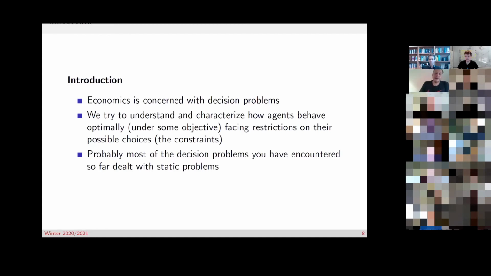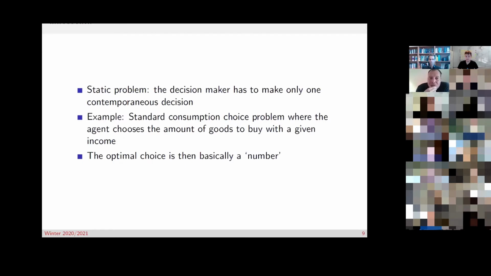Okay, and usually what you've done so far, I would say in maybe 80% of all the decision problems that you encountered so far, is you thought about problems that are static in nature. So the basic idea was that you have a decision maker, a household, a firm, whoever makes the decision, okay?